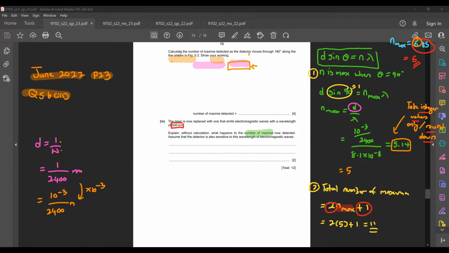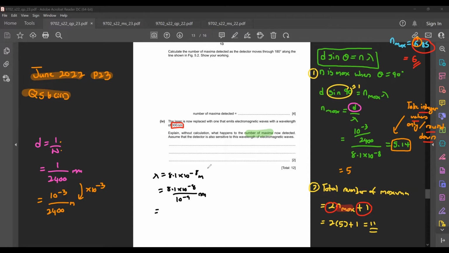If you refer back to the previous laser that you used, the wavelength was 8.1 times 10 power minus 8 meter. You change it to nanometer, it will be 8.1 times 10 power minus 8 divided by 10 power minus 9 to change it to nanometer. It will actually be a very small value in terms of nanometer.